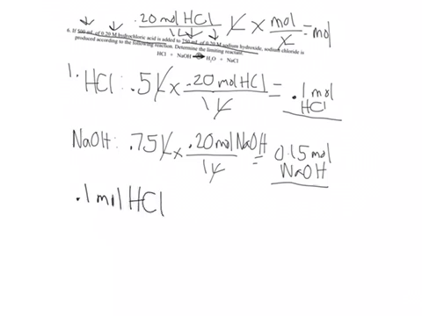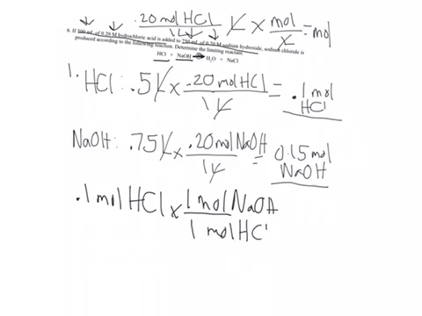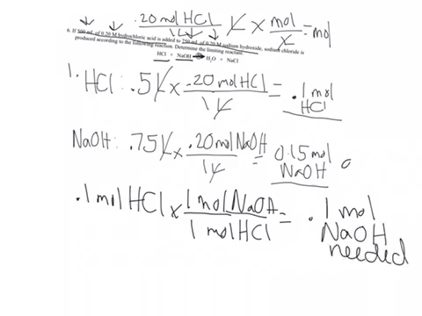If I have 0.1 moles of hydrochloric acid, because sodium hydroxide and hydrochloric acid are in a 1-to-1 ratio, for a complete reaction with as much hydrochloric acid as we are given, you would need 0.1 moles of sodium hydroxide. This is how much is needed. This is how much is given.